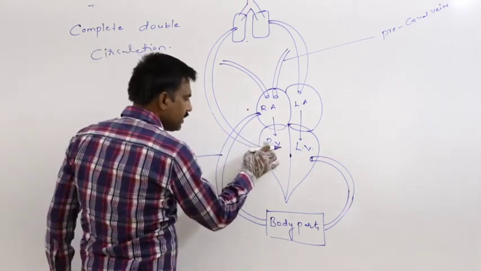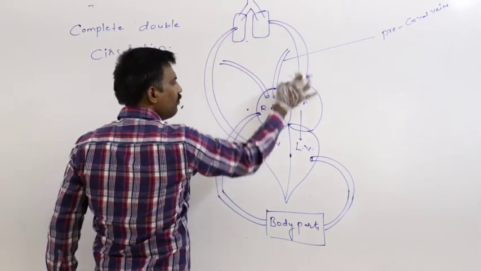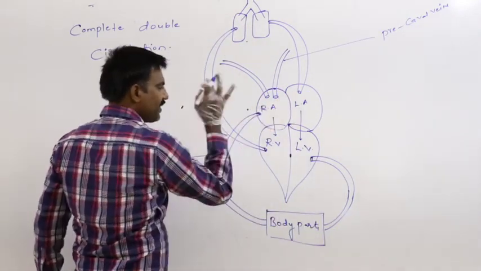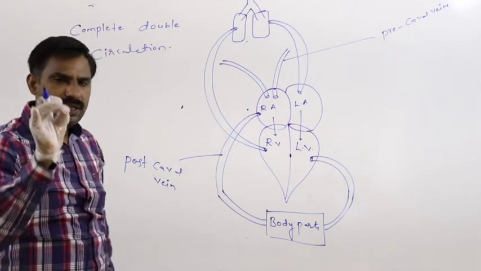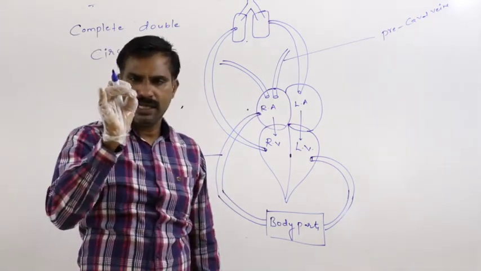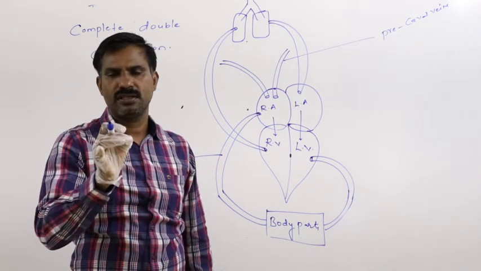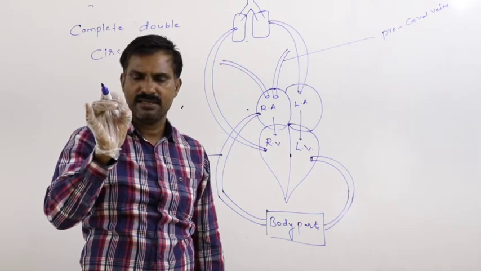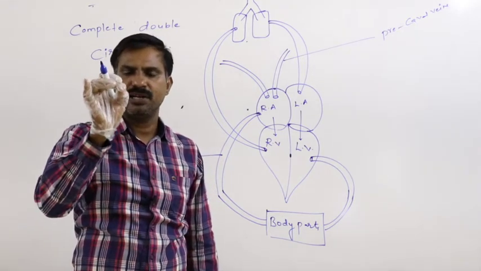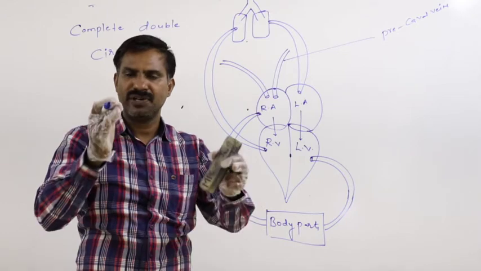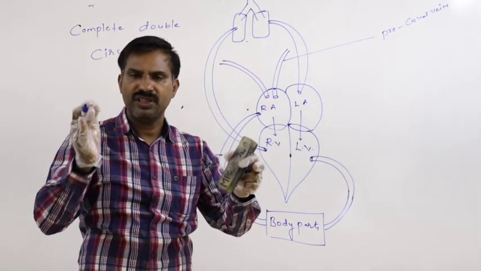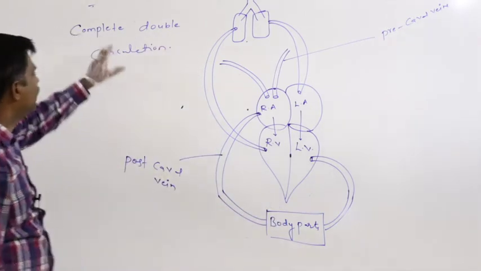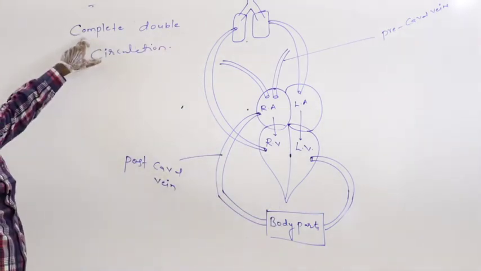This is one route of blood circulation, this is another route. If oxygenated and deoxygenated bloods are circulated separately without mixing up, then that is said to be the complete circulation.